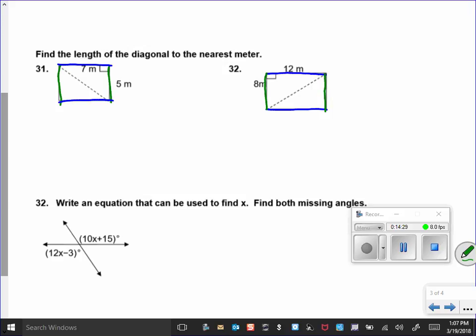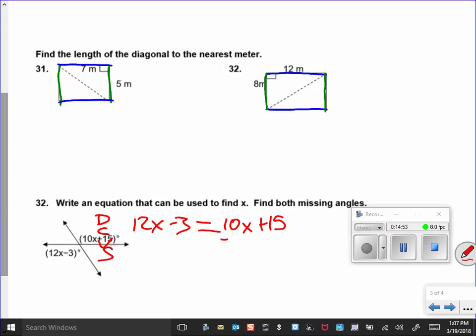And here, these are vertical angles. So if we work through vertical angles, remember what that means now. Vertical angles are angles that equal one another. So you have 12x minus 3 is equal to 10x plus 15. All right, now you would solve that, right, using DCVS, right?